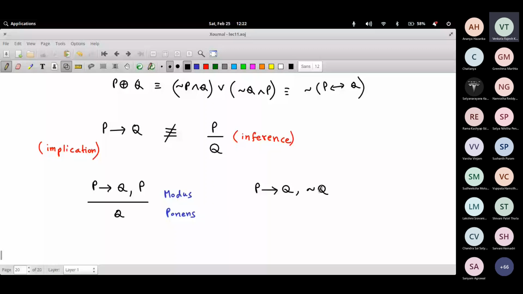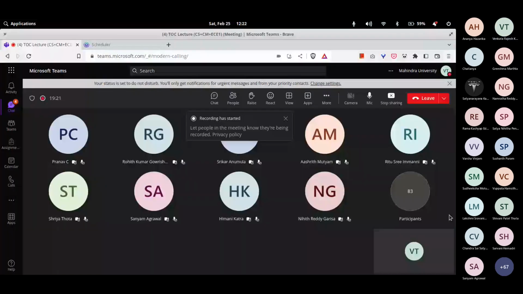So I can conclude, right? So imagine these 2 are your 2 premises. This is one premise, this is another premise. From these 2 premises, you are drawing a conclusion. Now I can conclude that there is no smoke also. Okay, so this inference is called modus tollens. All right. Any doubts? No doubts.